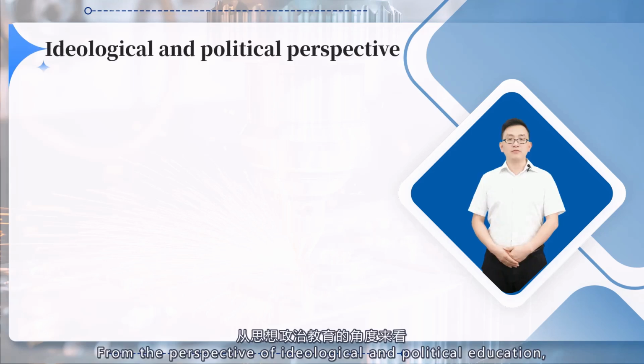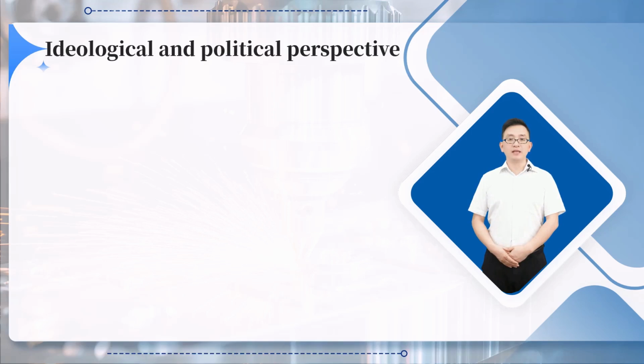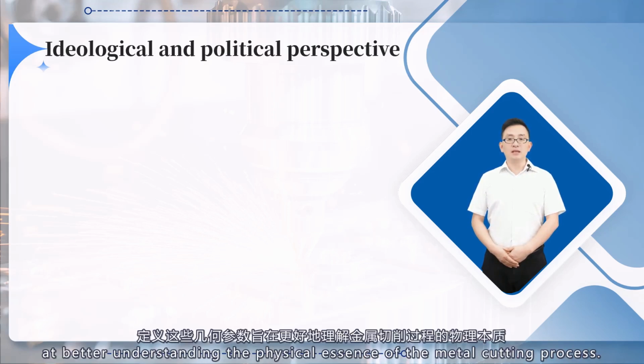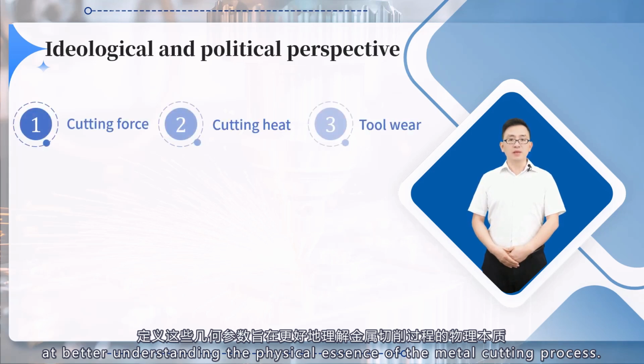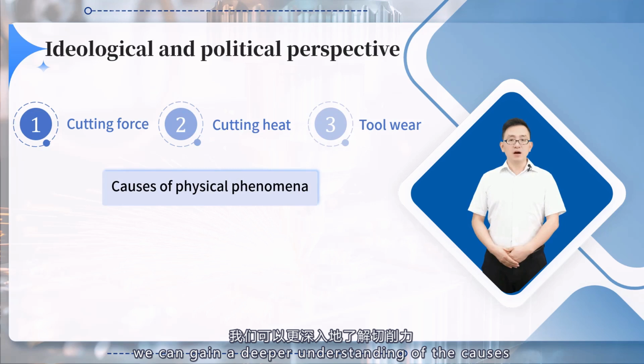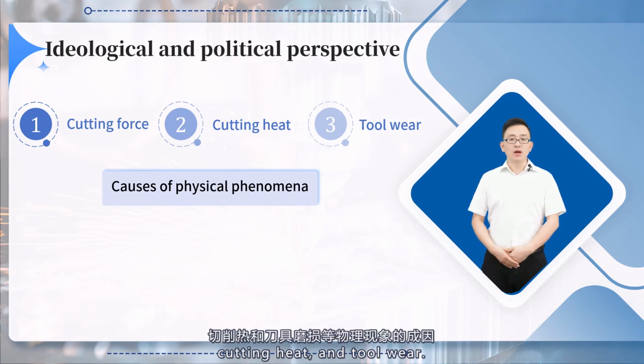From the perspective of ideological and political education, defining these geometric parameters is aimed at better understanding the physical essence of the metal cutting process. By studying the three major parameters of the cutting layer, we can gain a deeper understanding of the causes of physical phenomena such as cutting force, cutting heat, and tool wear.